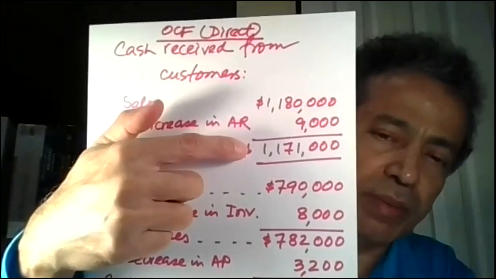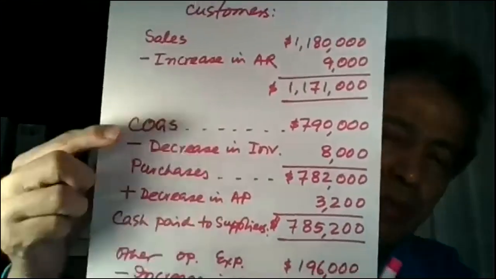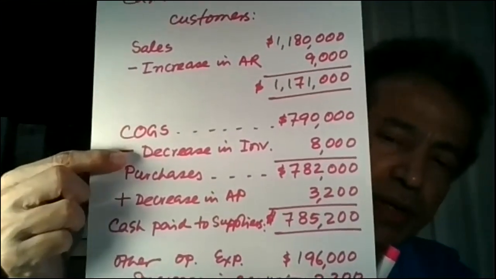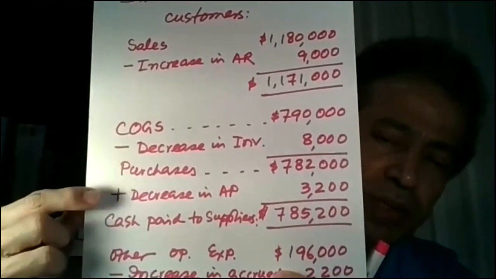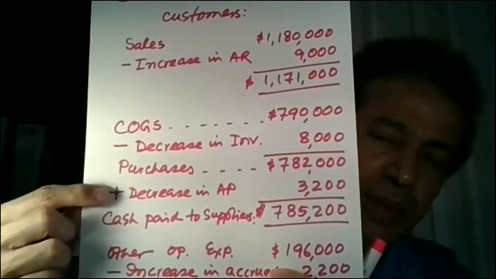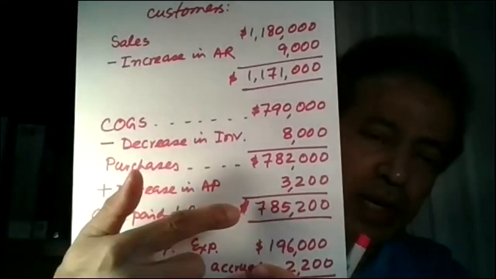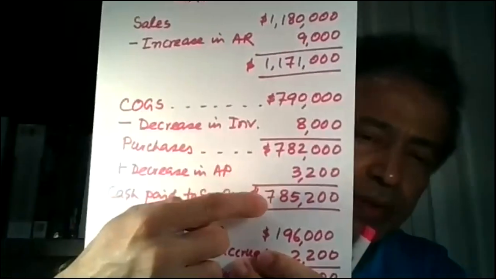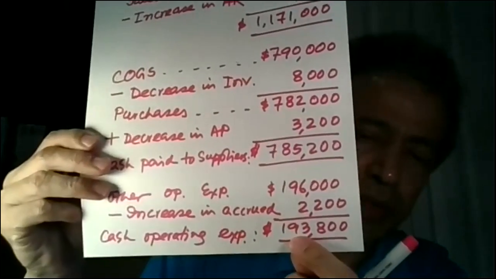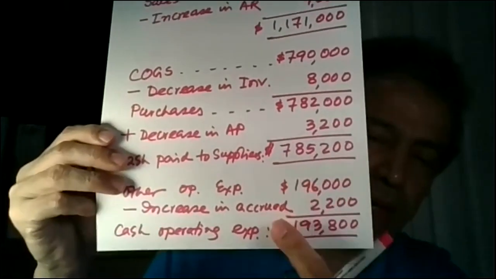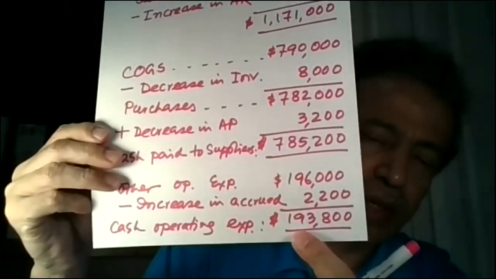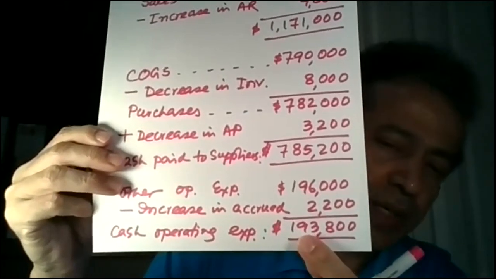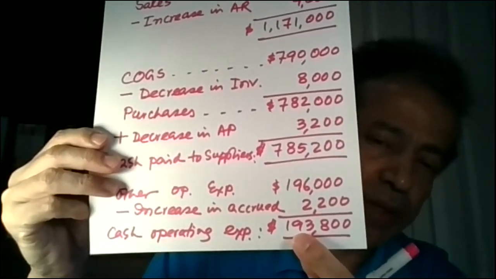Then from COGS, we did the inventory adjustment to get the purchases, and with purchases, we did the accounts payable adjustment to get to cash paid for purchases, cash paid to suppliers. This is an inflow, this is an outflow, and cash operating expenses is the income statement number, plus or minus the accrued amount. So there's the cash actually paid for operating expenses.